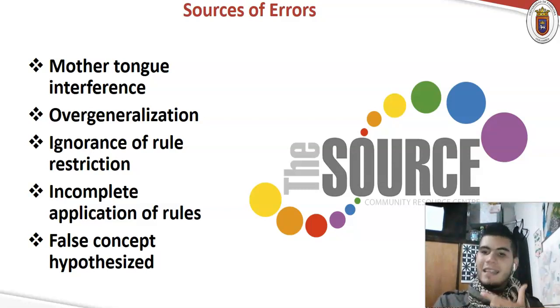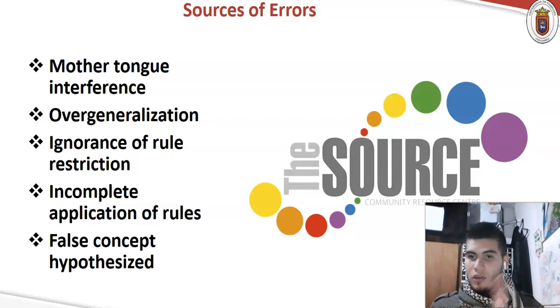We overgeneralize a rule. For example, mouse. In plural, it doesn't exist. It doesn't exist, mouses. It's mice. Ignorance of the rule restriction: a rule that we knew, but we ignore that rule. Incomplete application of rules, when we write in the correct manner here, but not here.